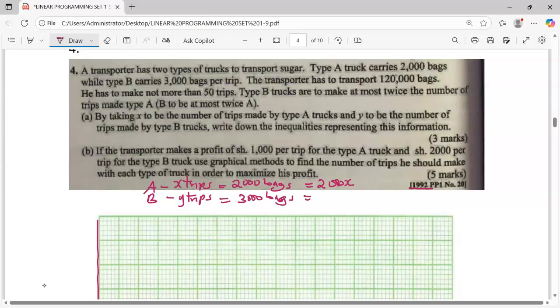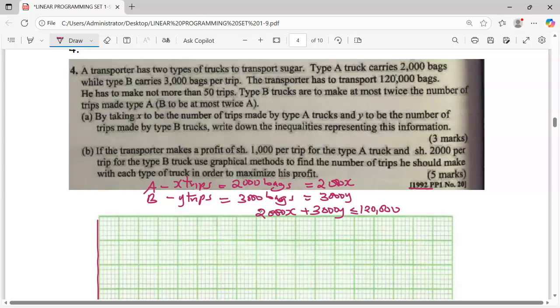That means the total number of bags will be 3,000Y. So from this, we have 2,000X plus 3,000Y less or equal to 120,000 bags.